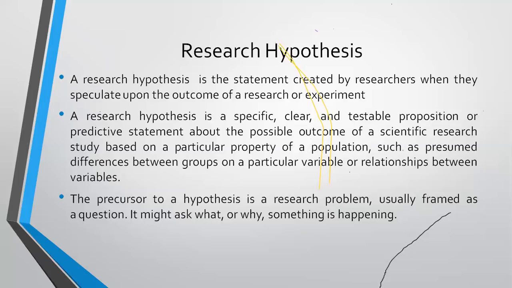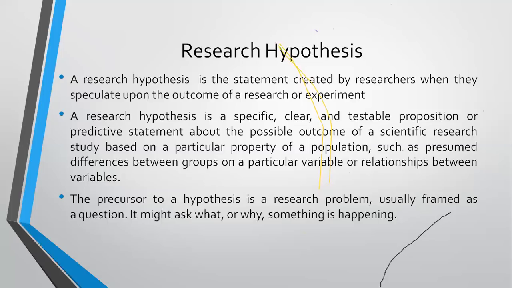To write a hypothesis, your hypothesis must be written in clear and concise language. It must be clear. And your hypothesis must have both independent and dependent variables. When we started, we talked about independent and dependent variables. You must compare the relationship and predict what will happen between the two.